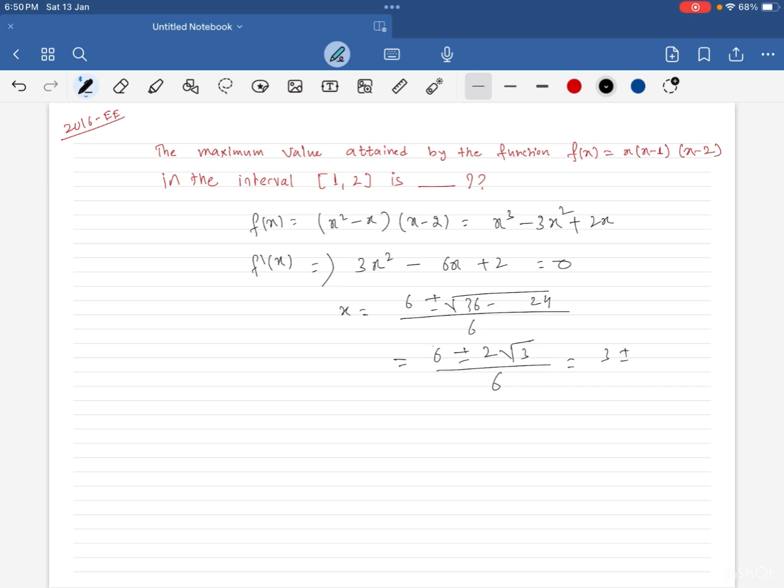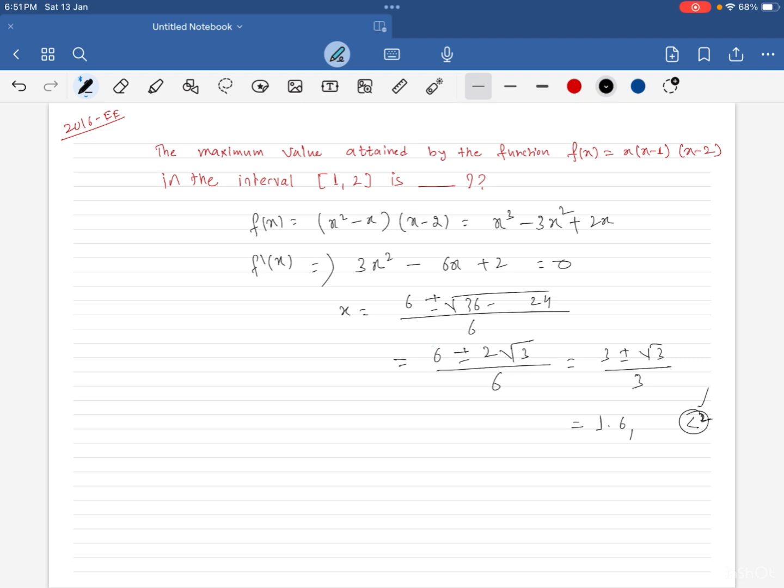So here we will have 3 plus minus root 3 divided by 3. I hope I haven't made any mistake. So one will be 3 plus 1.73, that is 4.73 divided by 3. So that will be approximately 1 point something, 5 or 6, one value, and one value will be 3 minus root 3, so that will be less than 2.